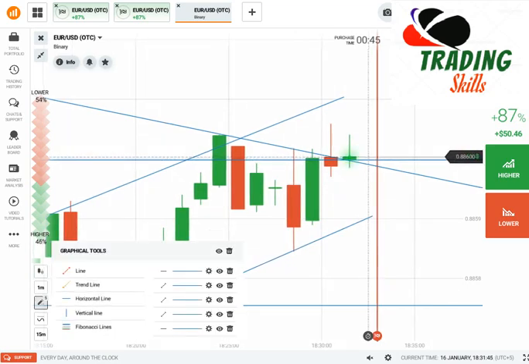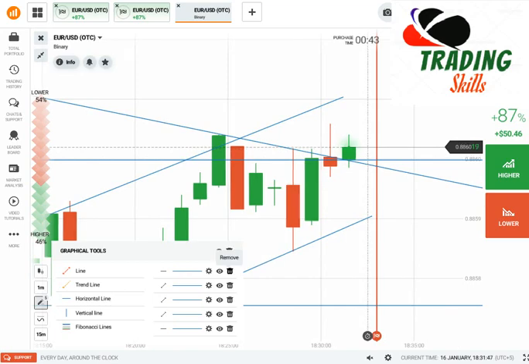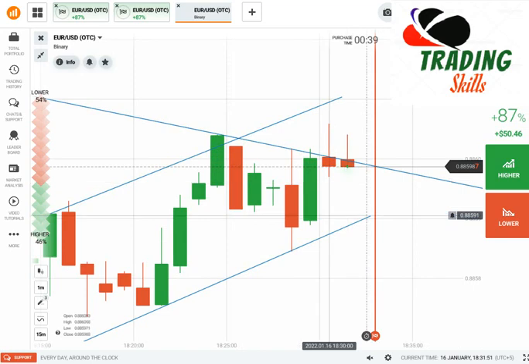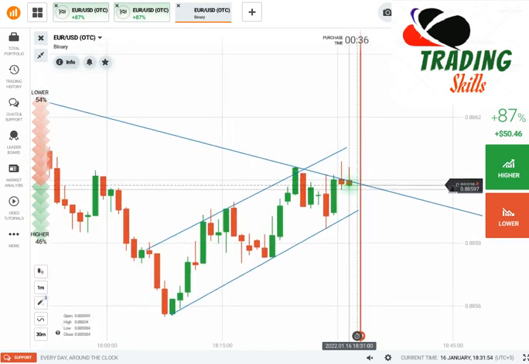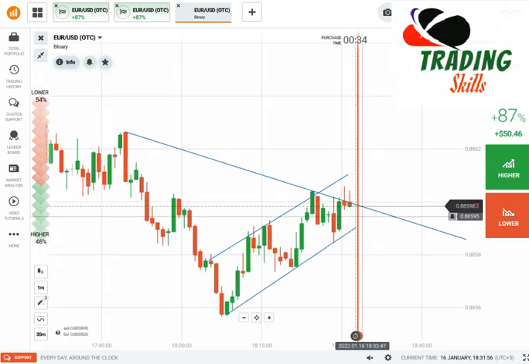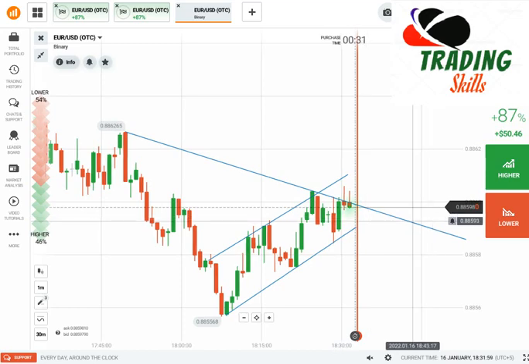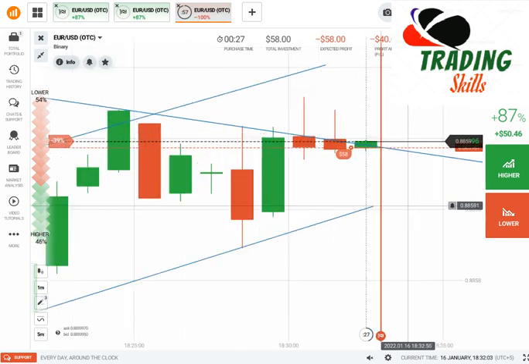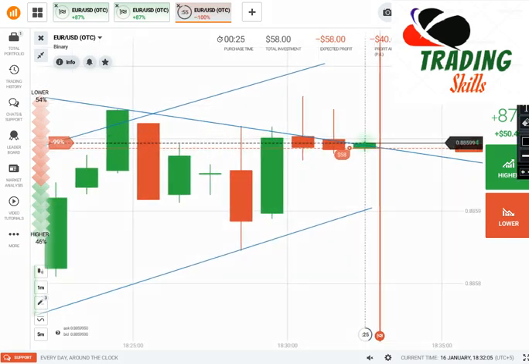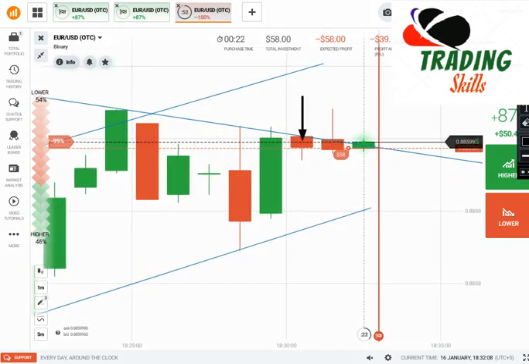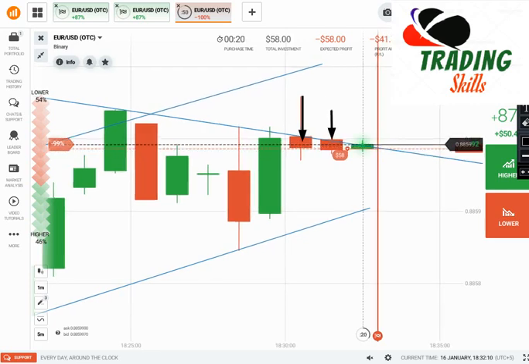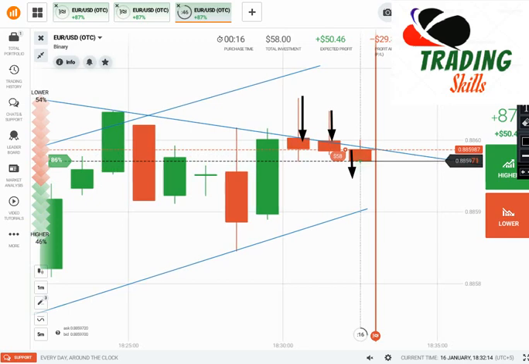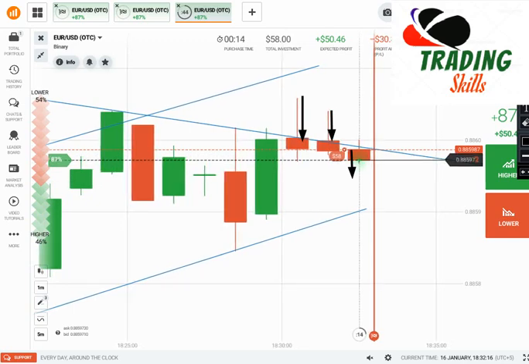Okay, now you can see sellers are again trying to enter. Okay, I can go here confidently with the sellers. You can see this is a seller's rejection, a sign that sellers will enter at least here for one more minute.